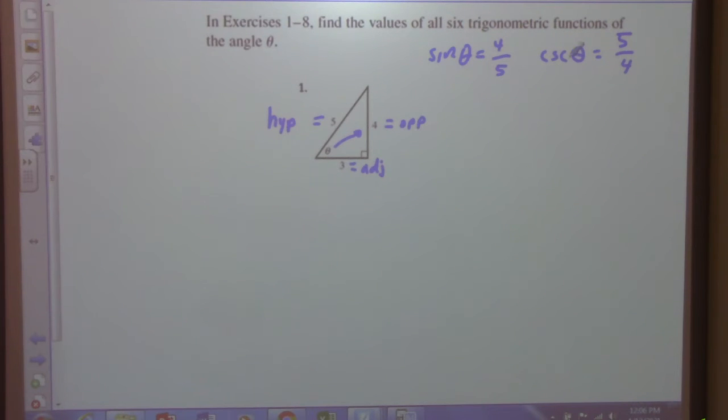So if you have trouble remembering which reciprocal ratio goes with what, you can look at your ACP formula chart. It'll tell you that the sine theta is equal to 1 over cosecant theta. And what is going to be our cosine theta? Think of what Justin was saying earlier.